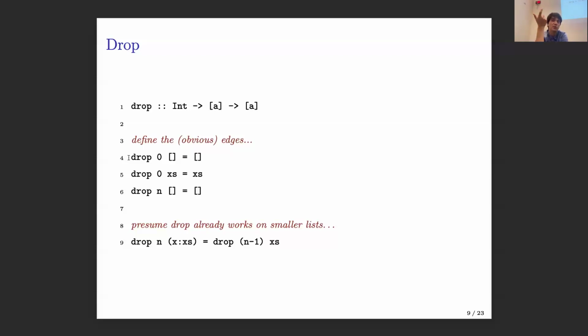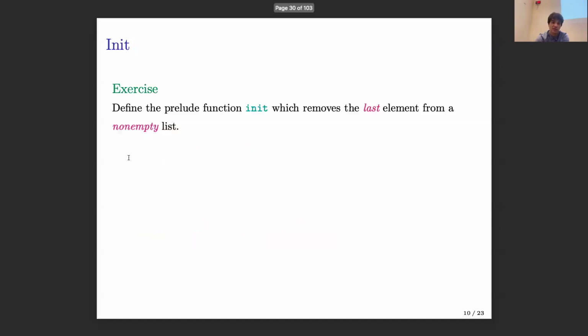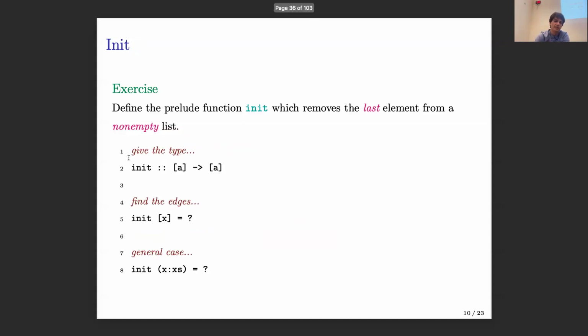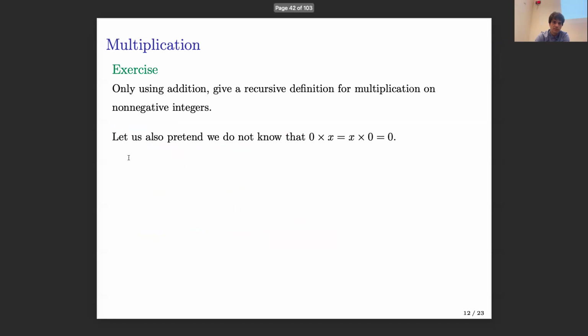I just assume drop is already working and I use it. You see, it's the same pattern each time here, at least for these linear primitive recursive recursions. Okay, so that was drop. There's something called init, which is like the reversal of drop. You guys do that at home. It's effectively the same thing, so we'll skip that one.